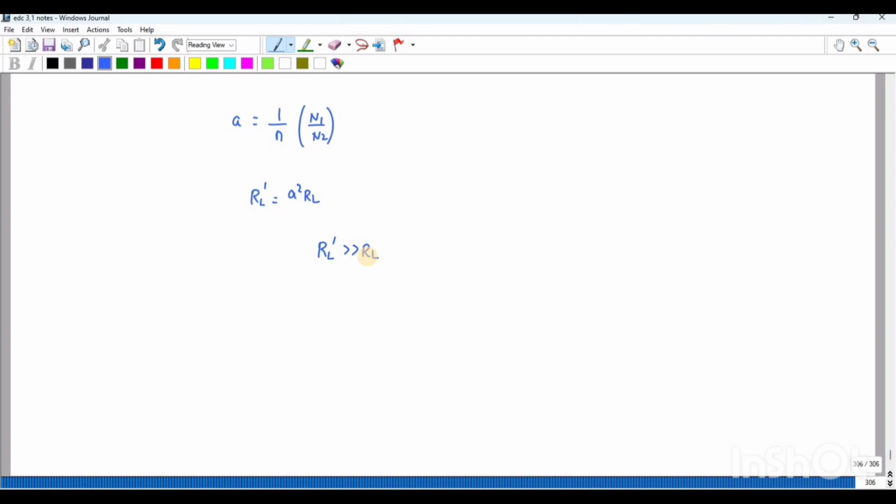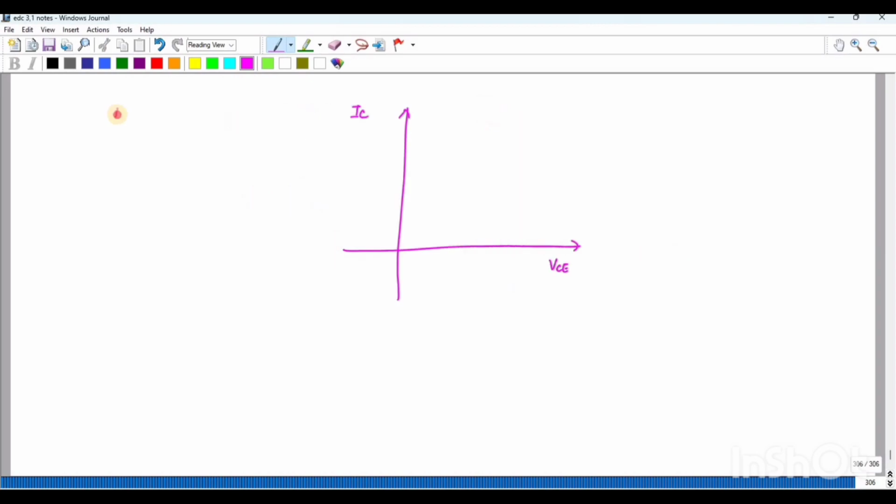So let us draw the curve, IC versus VCE. Since the value of RC is equal to 0, the ICQ value is increasing, going to infinity.